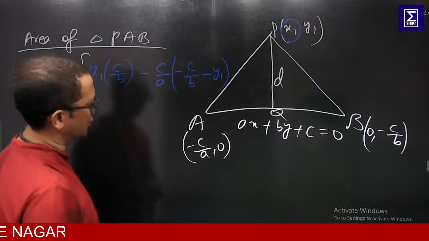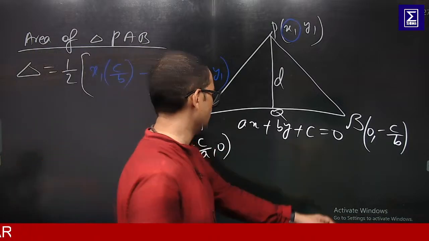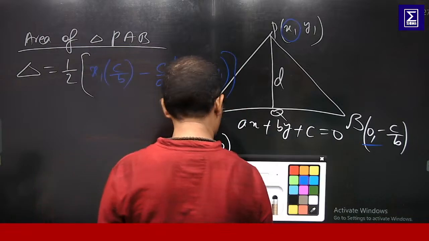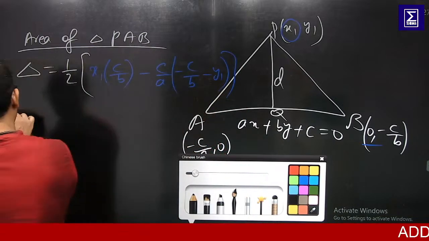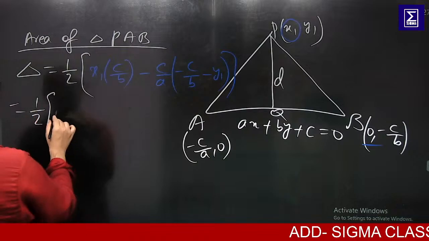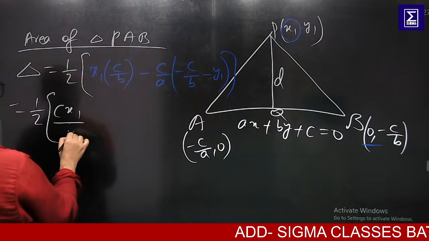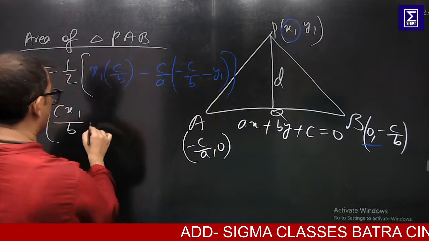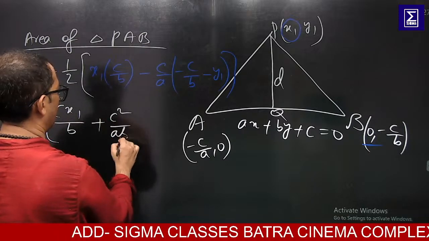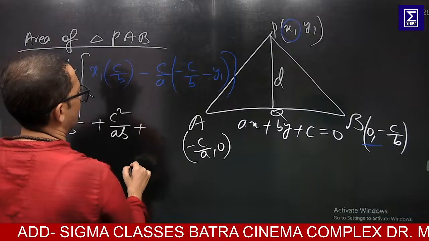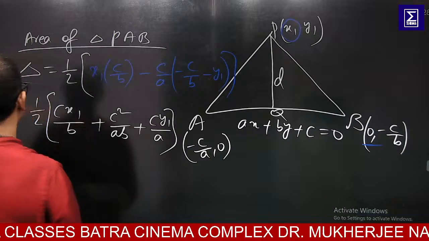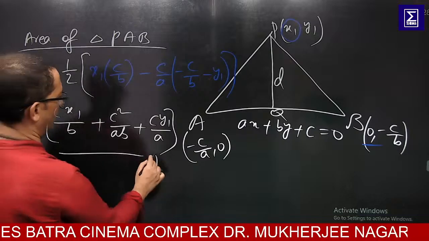And what about the third one? That is already 0, so we don't need to take it. Okay, so now the next part will be half times. If we open the bracket, c x1 upon b, and minus is taken out, so plus c square upon ab, and then plus c y1 upon a. This is the area of the triangle. Let it be equation 1.